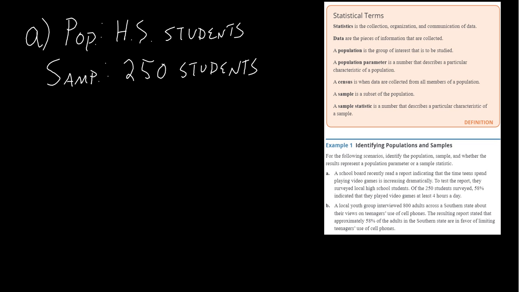Now, does this represent a population parameter or a sample statistic? Let's go back to the definition because this is probably not the hardest part, but the more confusing part. A population parameter is a number that describes a particular characteristic of a population, and a sample statistic is a number that describes a particular characteristic of a sample.